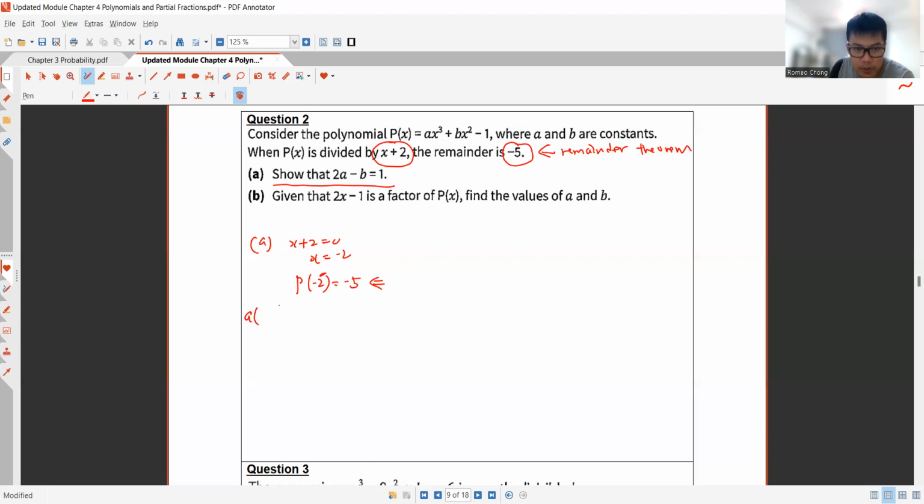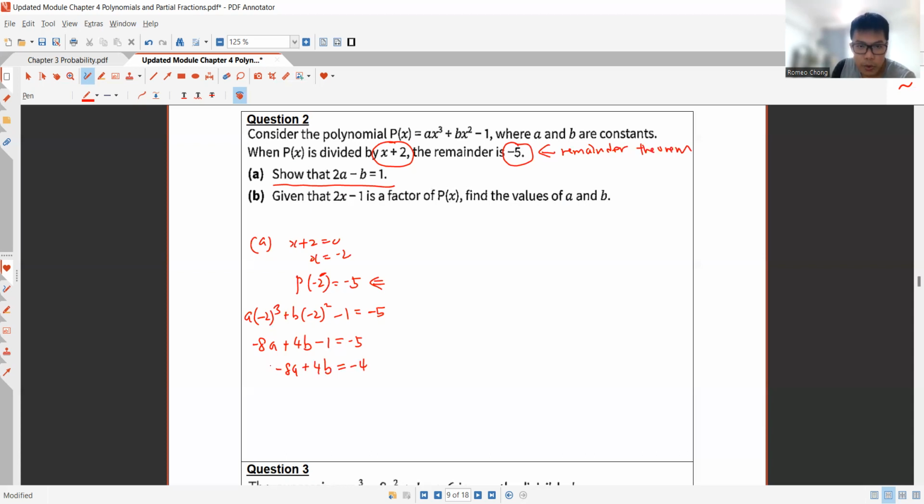So a times negative 2 cubed plus b times negative 2 squared minus 1 equal to minus 5. Then you get negative 8a plus 4b minus 1 equal to negative 5. So eventually you get negative 8a plus 4b equal to negative 5 plus 1, which is negative 4.